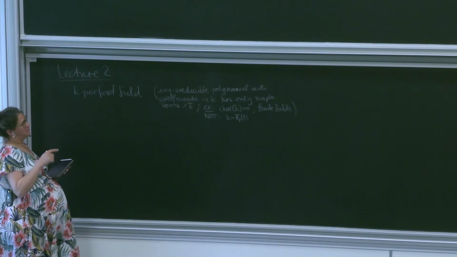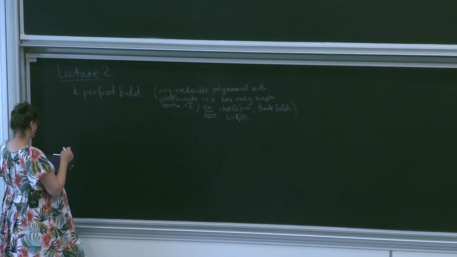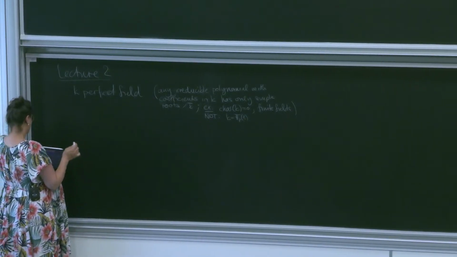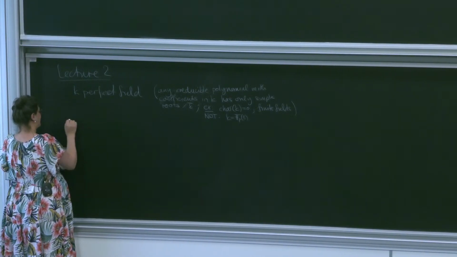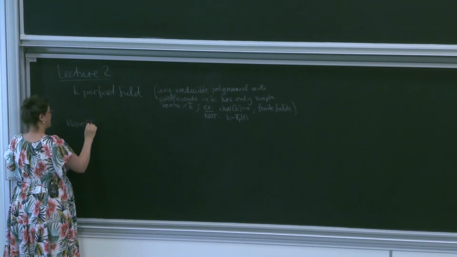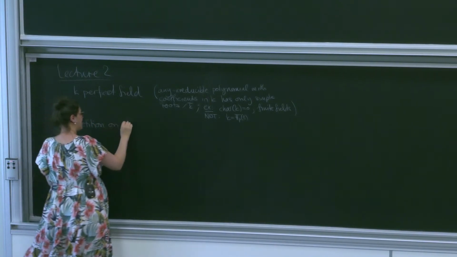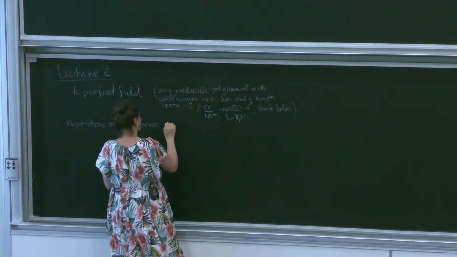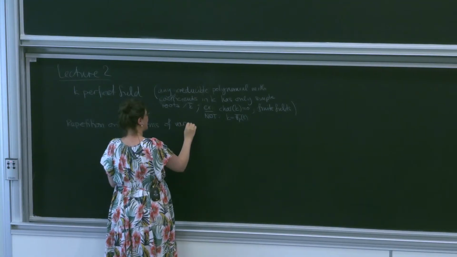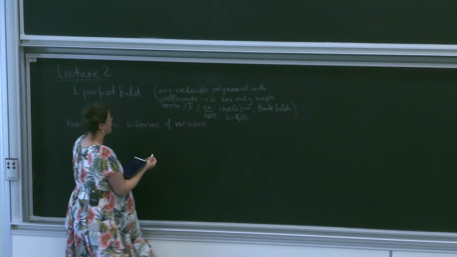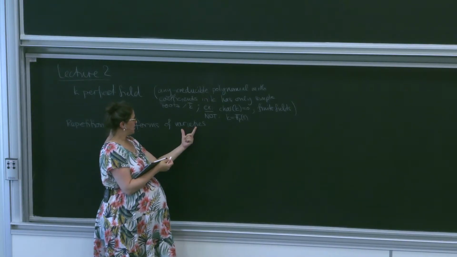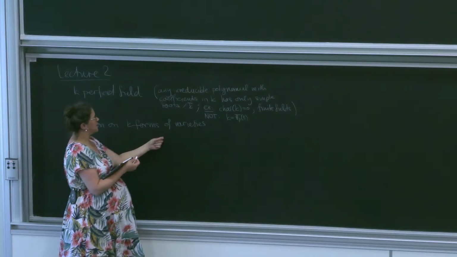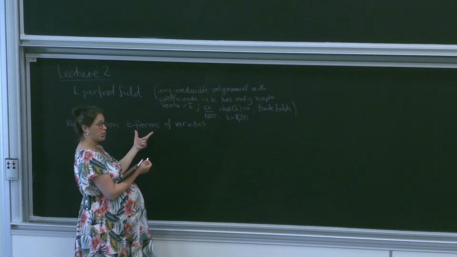Okay, so let me repeat a bit things on varieties, on K varieties or on K forms. That's more my point of view. So a K variety would be a variety, a scheme over spec of K, and a K form is really a variety over K bar, and we put a Galois group on it.